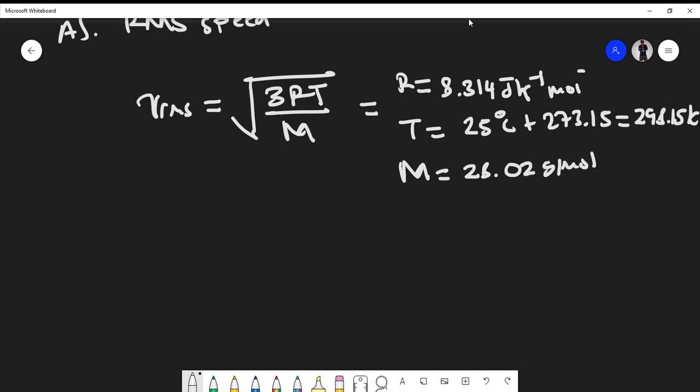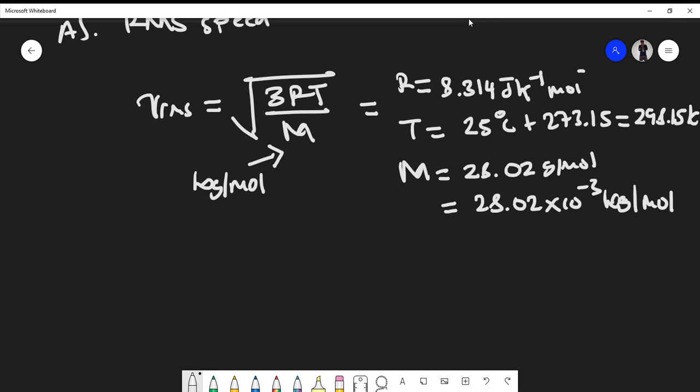Now, the molar mass, we have to keep them in SI units. So the molar mass for these equations must be in kilograms per mole. So if we convert 28.02 grams per mole, we're looking at 28.02 times 10 to the negative 3 kilograms per mole.